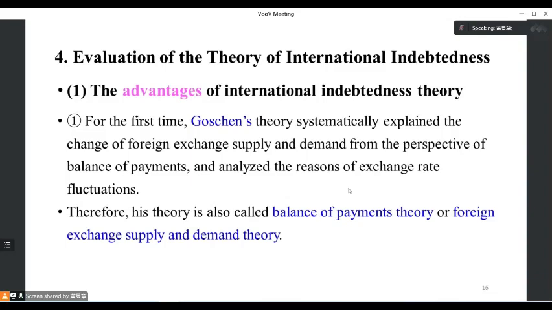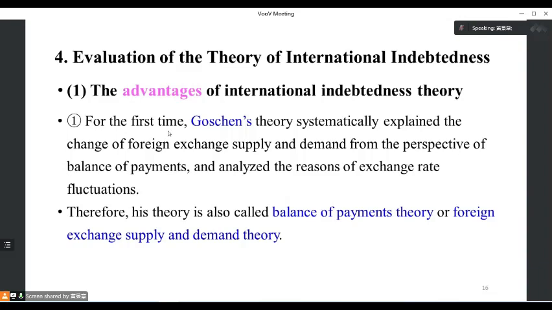4. Evaluation of the theory of international indebtedness. First, the advantage of international indebtedness theory. 1.